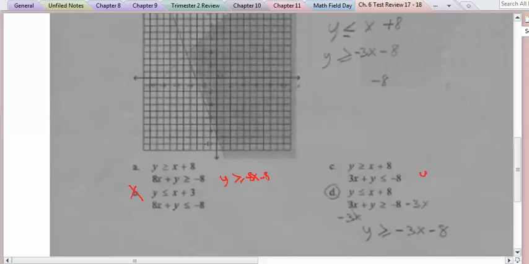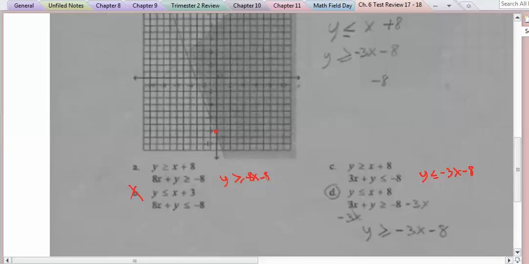This one is y, and it's -3x minus 8. And this one, I did. So now, let's see. We have a -8. 1, 2, 3, 4, 5, 6, 7, 8. Okay, we have a -8 there.